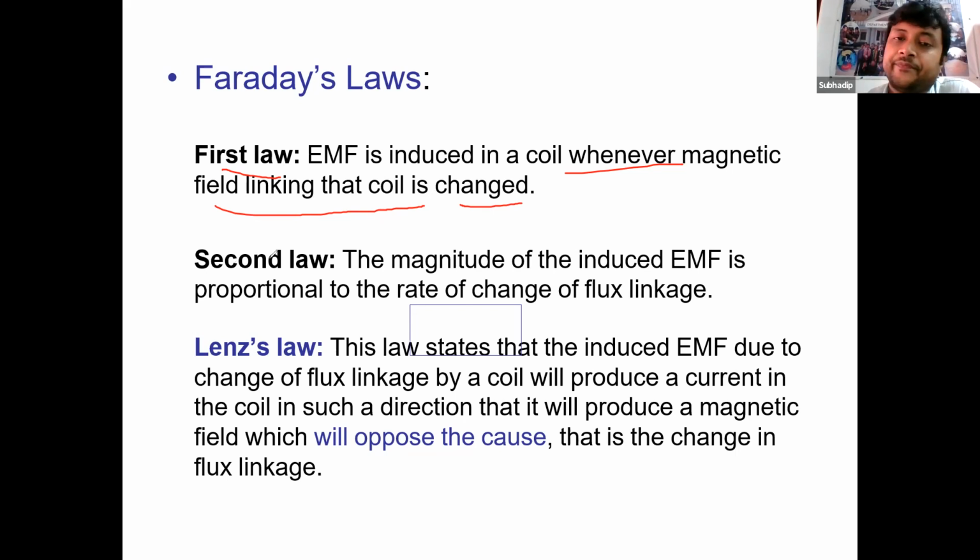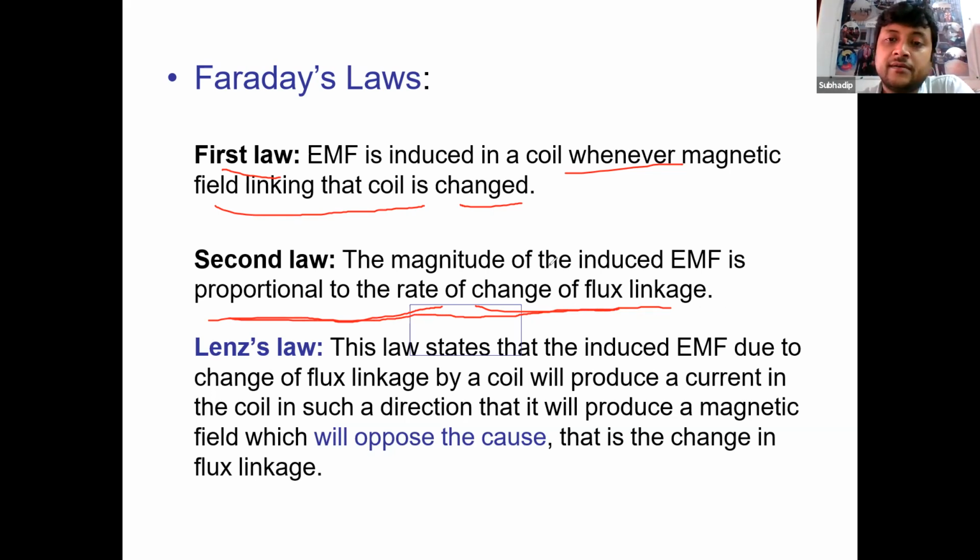Now the second law: the magnitude of the induced EMF is proportional to the rate of change of flux linkages.